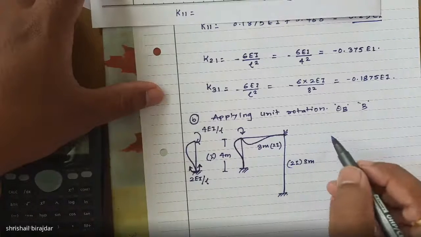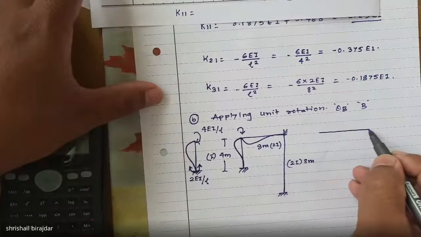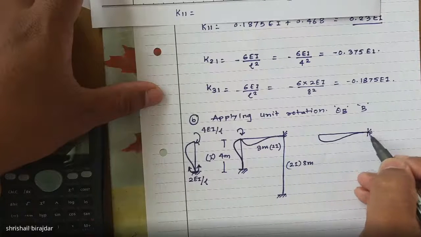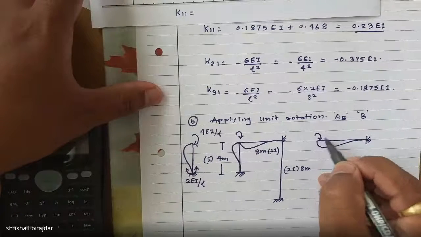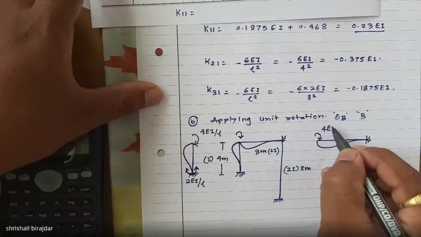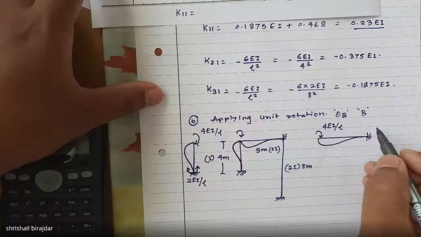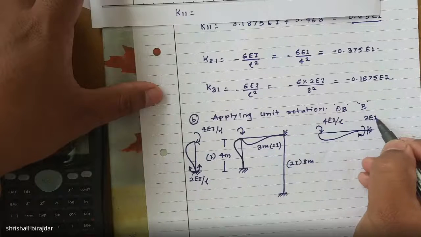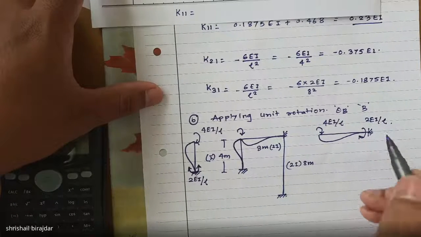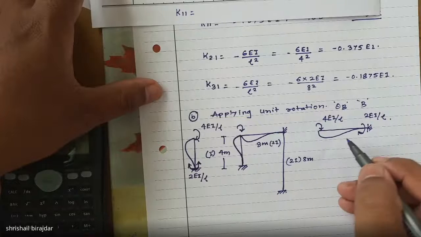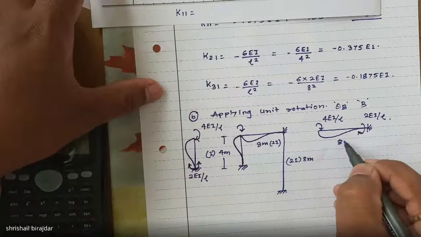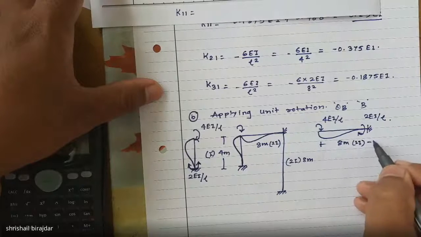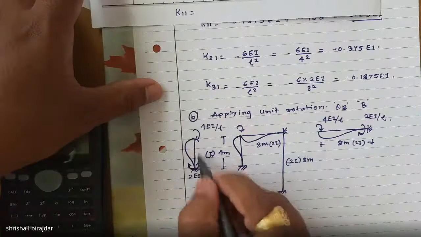And here for the beam, I'm just drawing the free body diagram. You just look at this particular beam. This is also 4EI by L, and here also you will get 2EI by L, half of this.